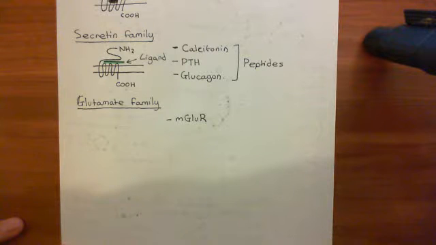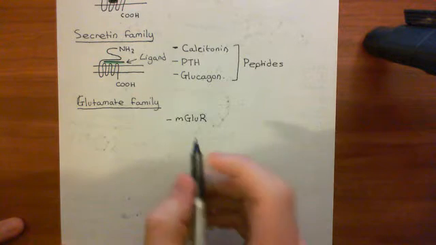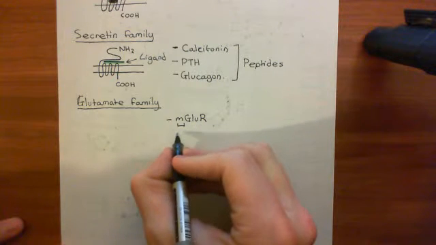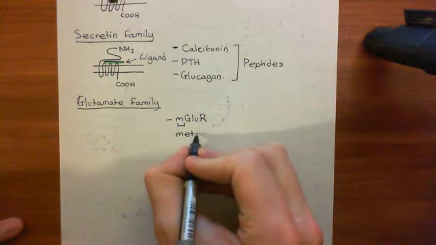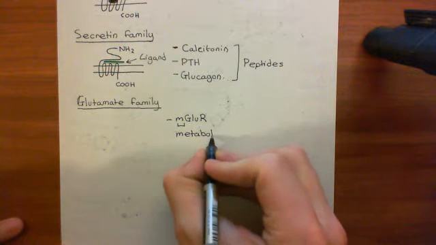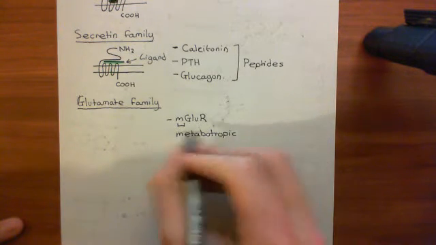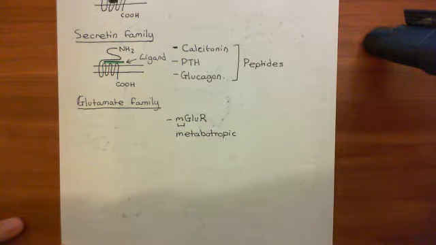They're not G protein coupled receptors. The metabotropic glutamate receptors, so this M here is for metabotropic, the glu is short for glutamate, and then the R is for receptors, represent a very small population of the glutamate receptors. Glutamate is the main excitatory neurotransmitter in the central nervous system.